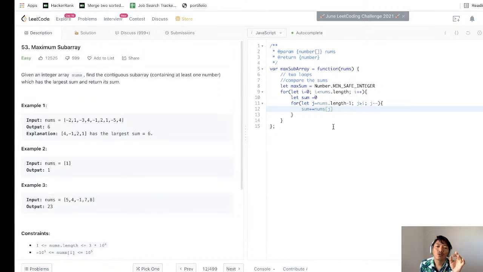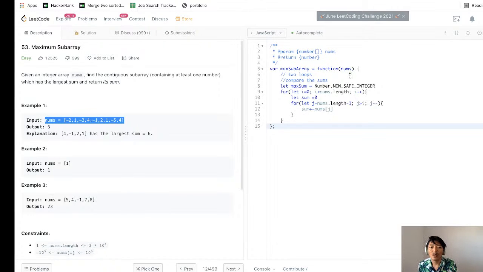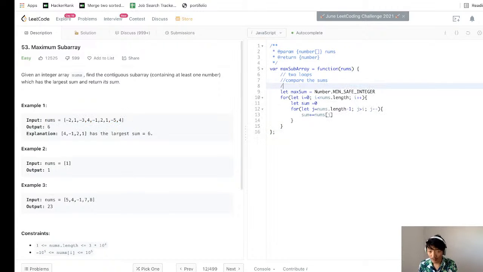For example, if this is the nums, here is how my algorithm will work.